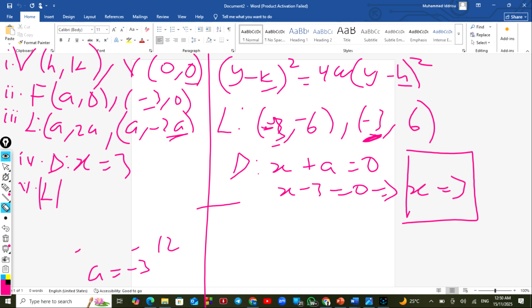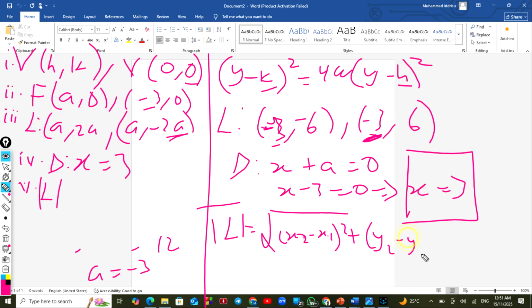And then the length of the latus rectum. So L is equal to the root of (x2 minus x1) squared plus (y2 minus y1) squared.